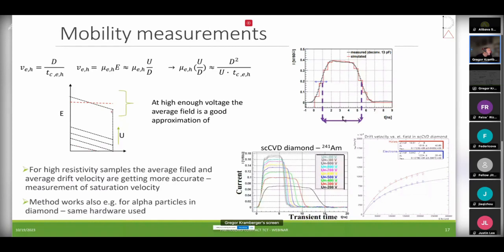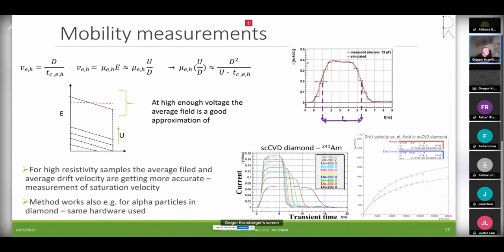And then as you increase the bias, the electric field shape looks like that. And if you are high enough with the bias, you can say, okay, I have a small difference between the maximum and the minimum field, I can approximate with the average field. Then you can say the drift velocity is just the thickness of your device divided by the drift time. Drift time is usually defined as the full width at half maximum of your pulse.